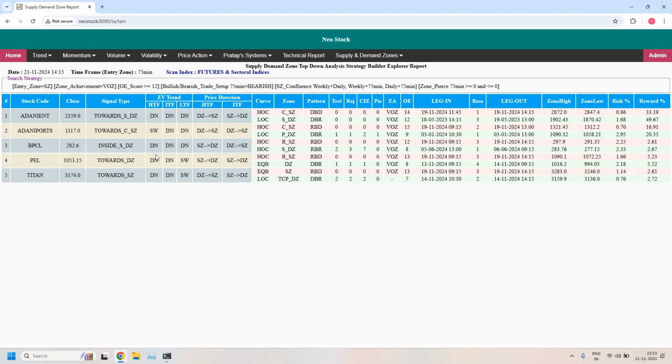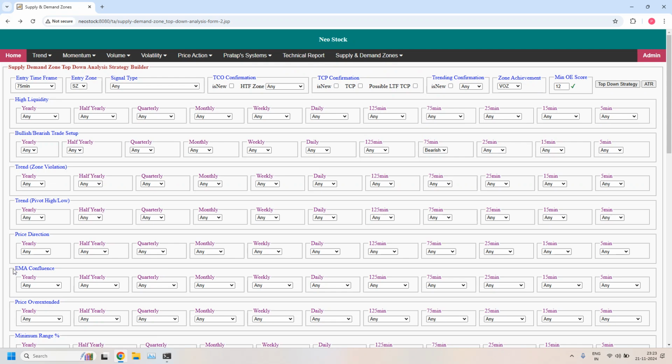And the weekly trend is down in all these stocks except the second one. So if any of these stocks, except the second one, are having a weekly EMA confluence, they are even more high probability trade setup supported stocks. Let's verify. In the EMA confluence, weekly time frame, because the 75 minutes entry zone and daily zone together are part of the weekly zone, that's why weekly supply zone having weekly EMA confluence, they are even more high probability.